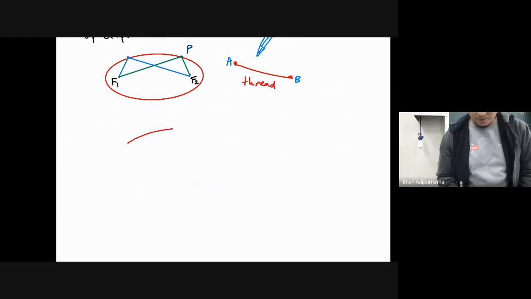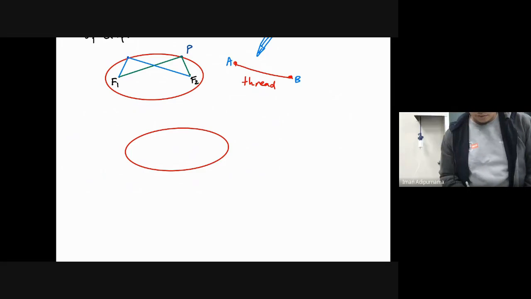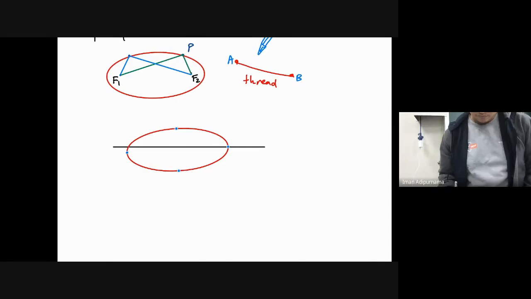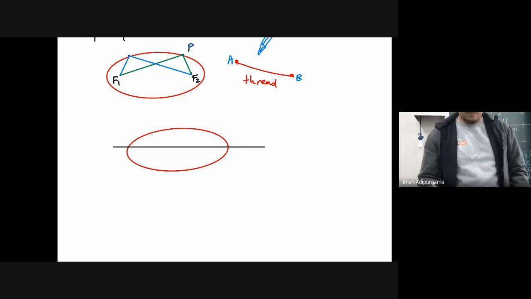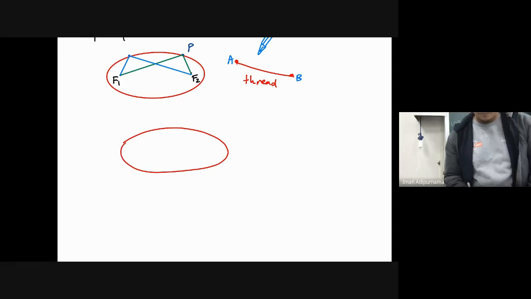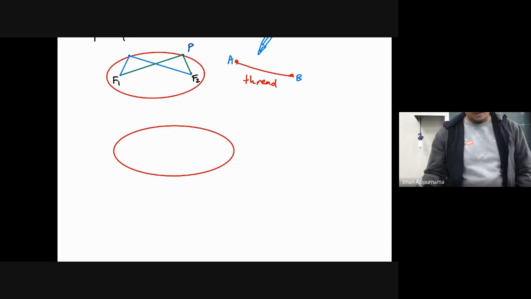I will make another ellipse. Now I need X and Y. I think it's not really perfect. Let me try one more. Okay, I think now it's better.